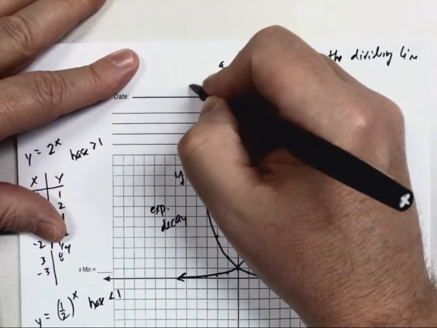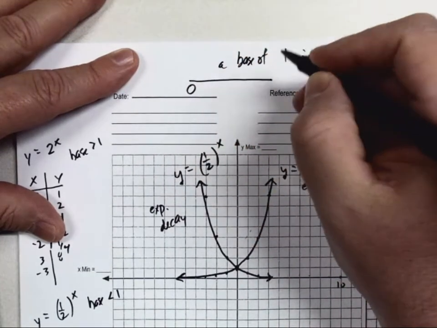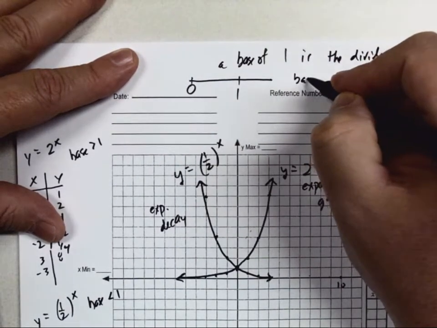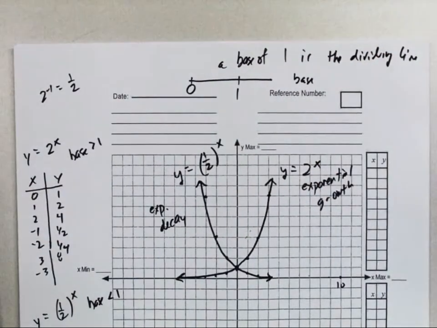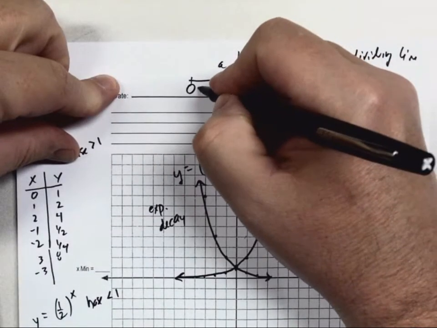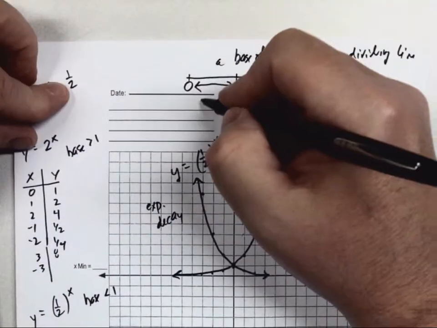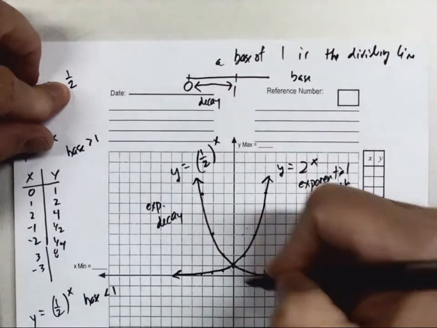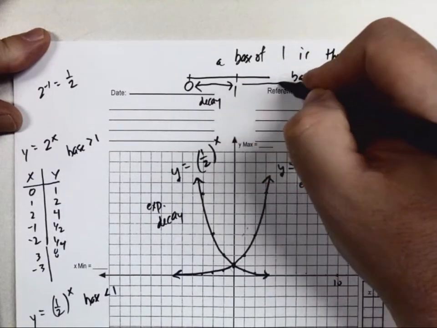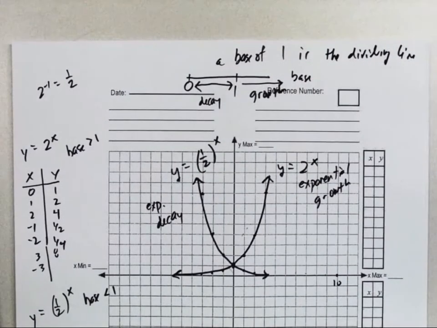So here's like my possible bases. If the base is between 0 and 1, a graph will always look like this. If the base is ever larger than 1, then we say it's a growth curve.